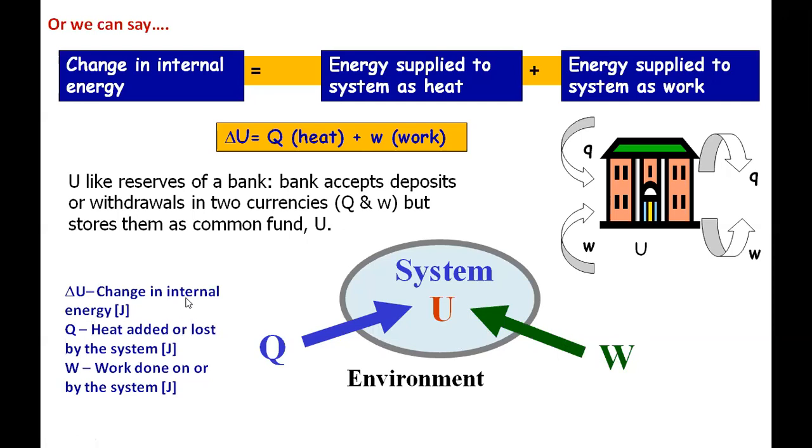So delta U is change in internal energy. والوحدة بما إنها energy، إذا الوحدة راح تكون عبارة عن جول. أما Q هي heat added or lost. يا إما بنضيف يا إما السيستم it's lost by the system and it's also in joule. and الwork يا إما الwork done on or work done by the system. إذا يا إما الwork done on the system نعمل على السيستم أو work done by the system. من نفس السيستم بيعمل لنا إيش الwork.